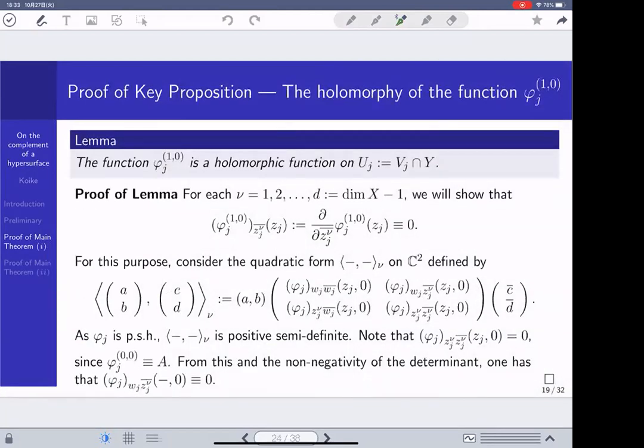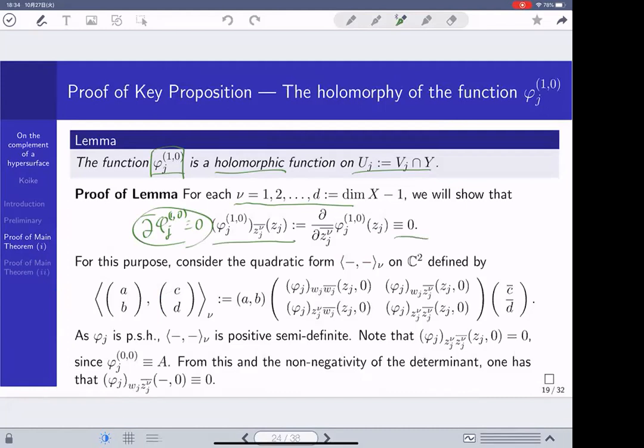Here, remember, we can show that the function phi j10 is holomorphic on Uj. Actually, the proof is very simple. It is enough to show that the above phi j10 is equal to 0, which means for each nu, the derivative with respect to zj nu bar is equal to 0.